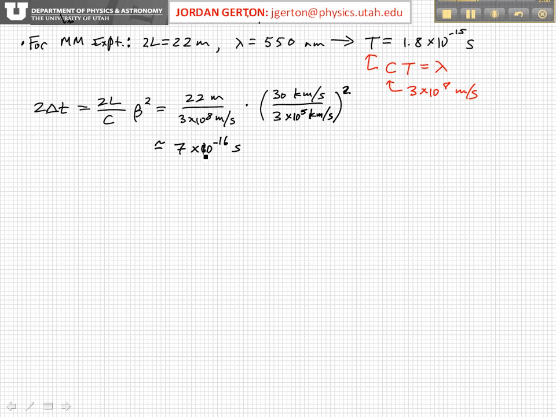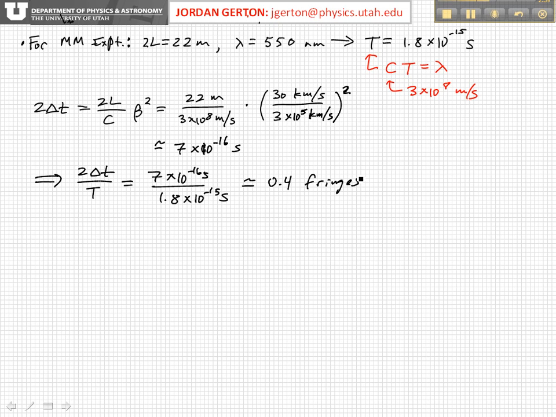And so if you compare this to the period, 10 to the minus 15 seconds, what you get is about 0.4 fringes.